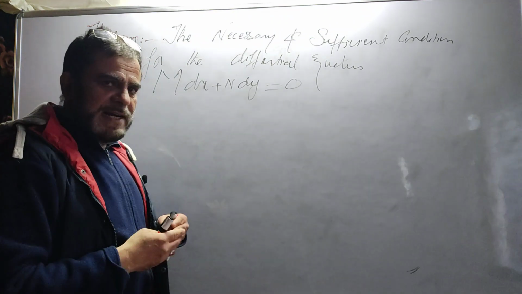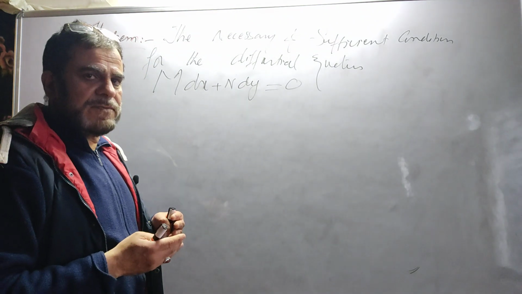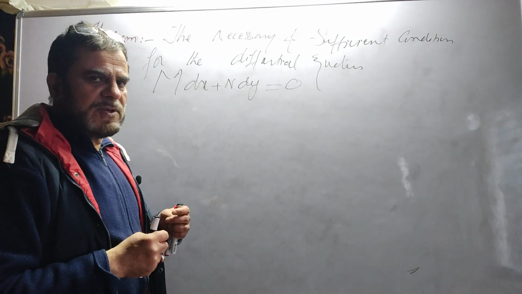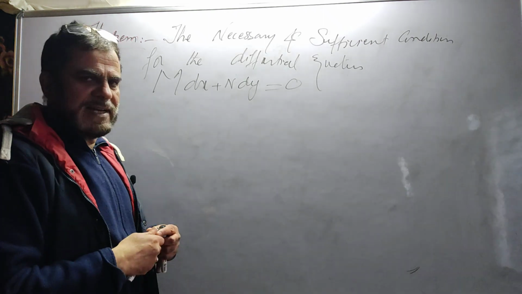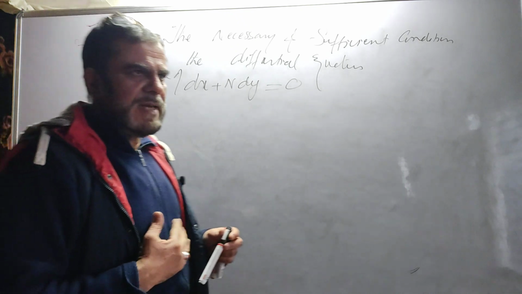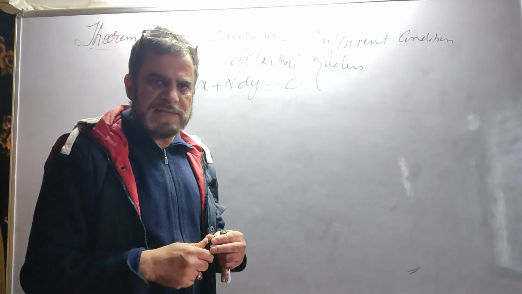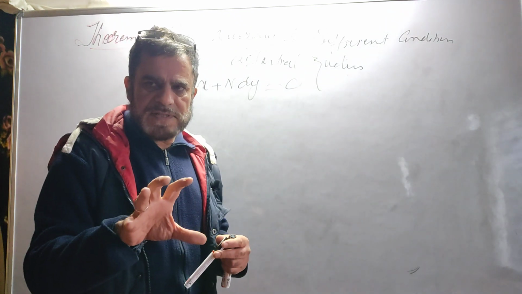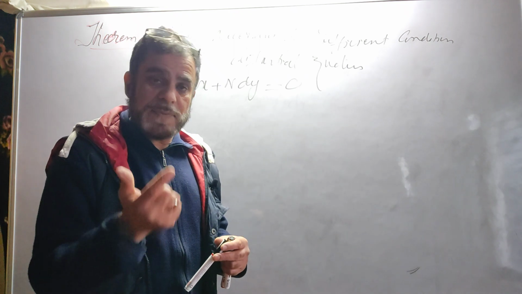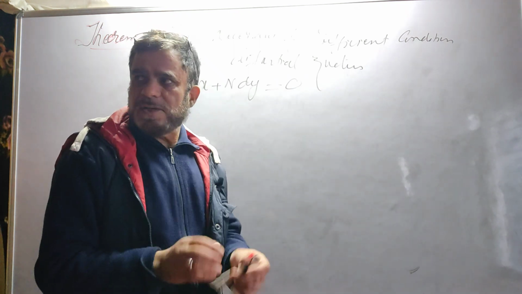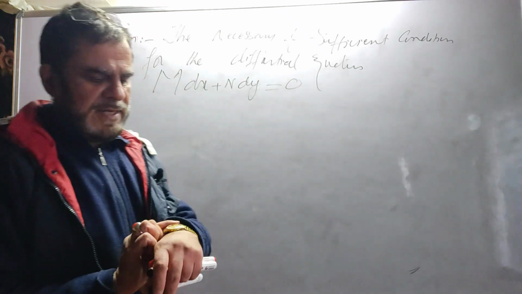Now, what is the condition for identification of this differential equation to be exact? How can we recognize it as exact? We have given you the definition of an exact differential equation. Now we have to first recognize it, identify it, then we can easily apply the solution for exact differential equations.